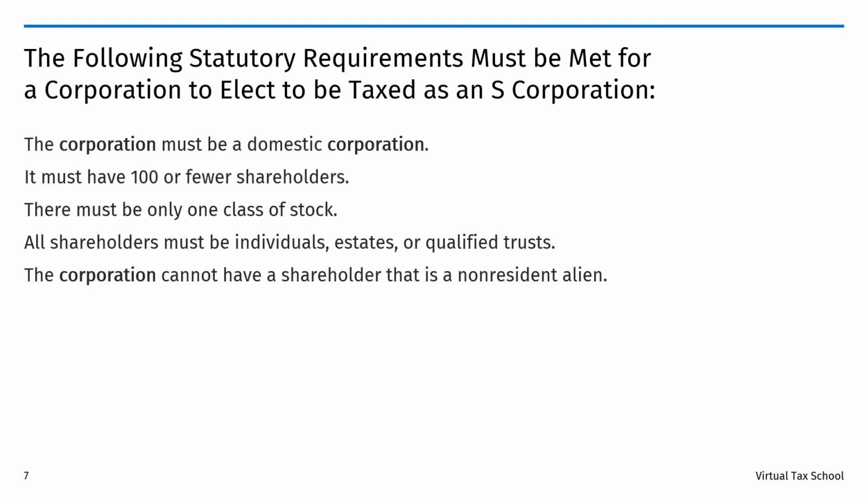Why? Well, fewer than 100 shareholders. IBM, Apple, they cannot be S corporations. There's only one class of stock. That's very typical in smaller businesses. The shareholders are limited. It has to be individuals, estates, or qualified trusts, and the estates and the qualified trusts are enduring to the benefit of an individual. So they're like extensions of an individual.